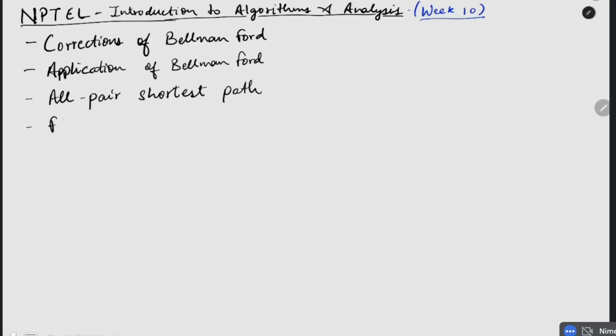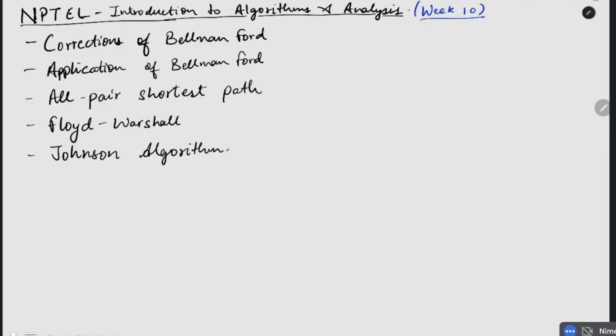Then there was a discussion of the Floyd-Warshall algorithm for finding the all pair shortest paths on a directed graph. And then there was a discussion of Johnson's algorithm for graph reweighting.